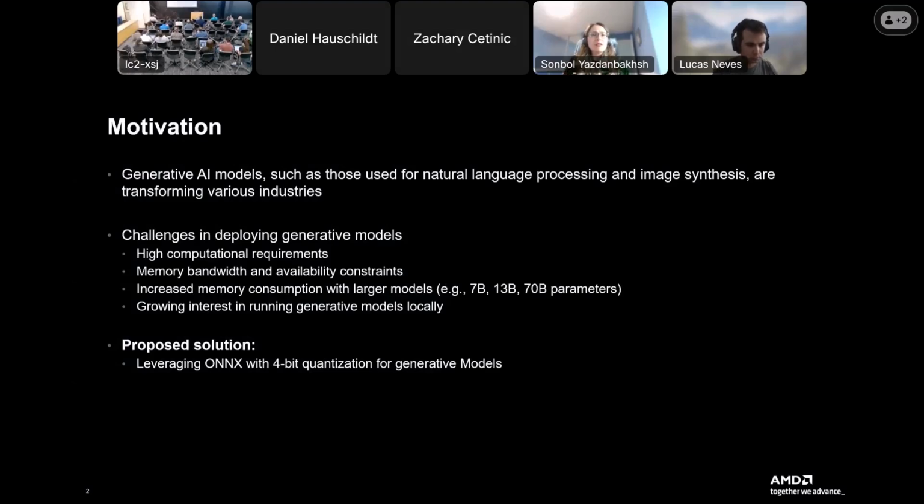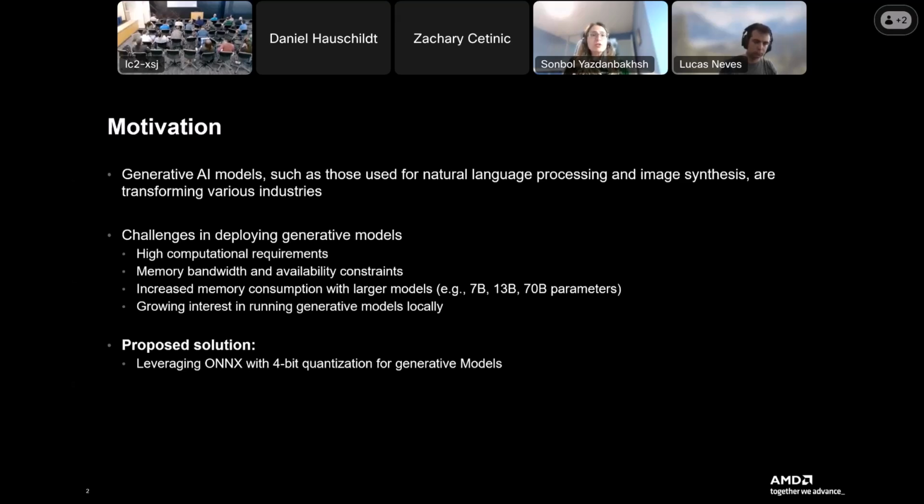But there are some challenges for deploying generative models in general, specifically locally over dGPUs and iGPUs. The reason is that these models are usually enormous. They have millions and billions of parameters. That means that we need high computation for these models, and they also consume lots of memory.